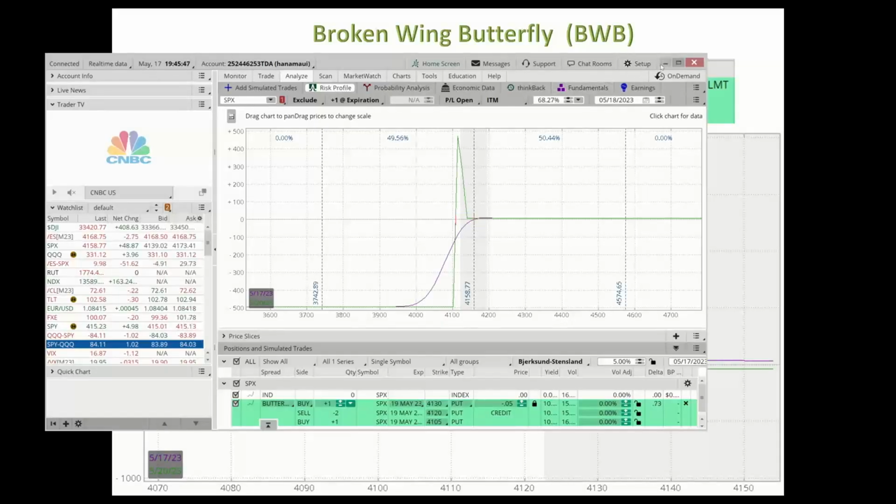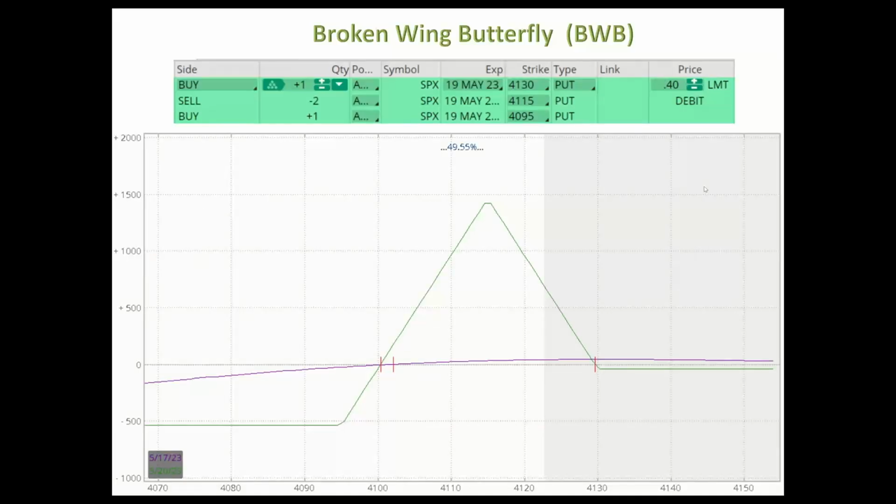The problem is we're at extremely low volatility levels, and that's why, to do a 15 by 20 BWB, we're actually having to pay for it, but that's fine. Why is it fine? Because it's going to be very similar in pricing to the unbalanced condor and the unbalanced butterfly, and that's going to make sense in a little bit.